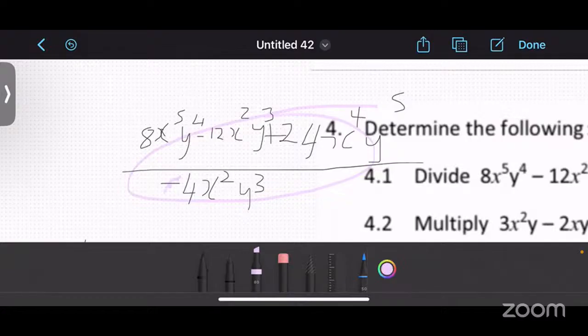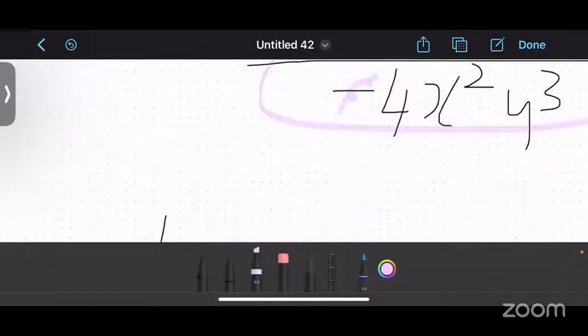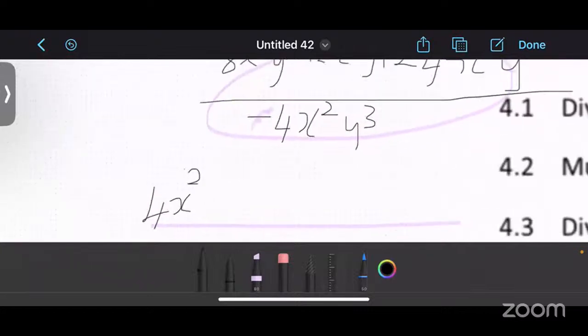But when I'm looking at this one over here, the maximum power of x is 2 because it's 2 and it's 4 and it's 5. So I can simply say x to the power of 2, because that is the lowest x power. 4x to the power of 2 so far.